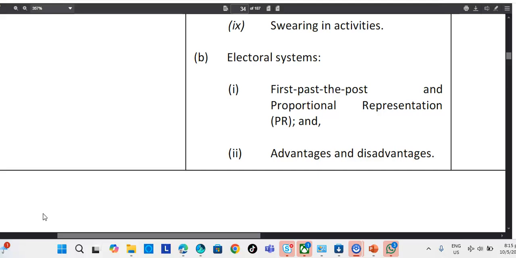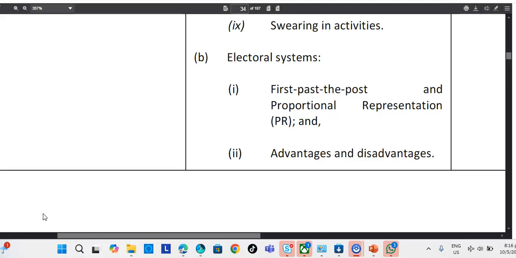So this is a first past the post system. The candidate who gets the most votes in each constituency becomes a member of government. The member who commands a majority support in the House of Representatives becomes the Prime Minister.